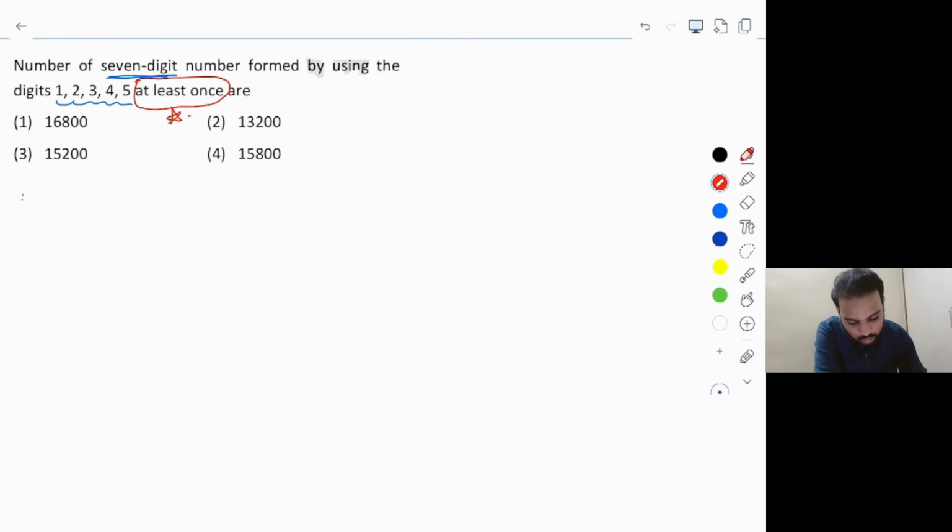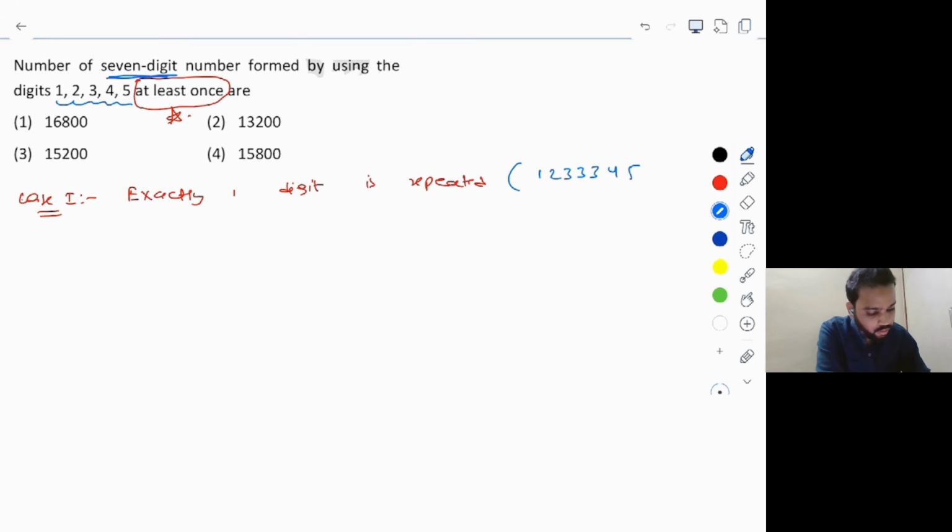I will write down the cases one by one. The first case is obviously the case where exactly one digit is repeated. So what is the meaning of this? I'll give an example also. For example, I take the number 1, 2, 3, 3, 3, 4, and 5.